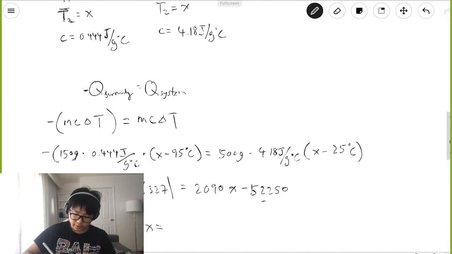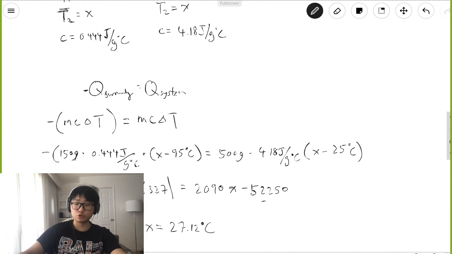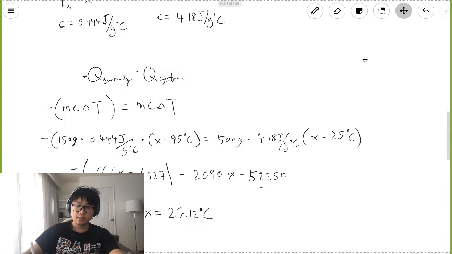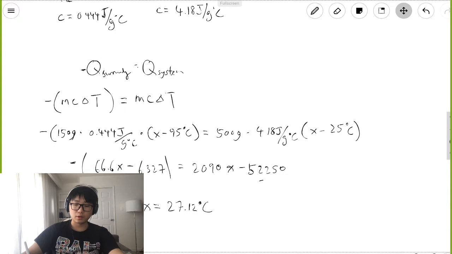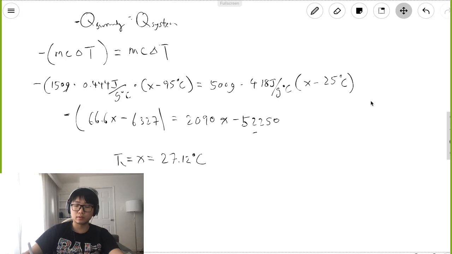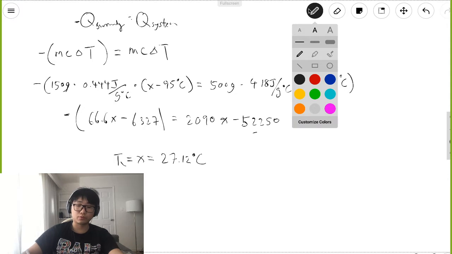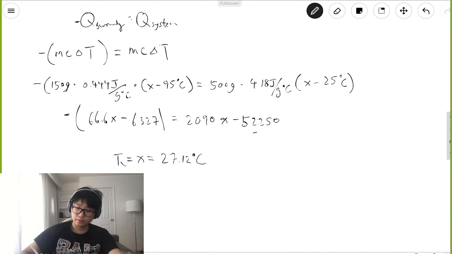Any decimals? 0.12. So it's 27.12, and that'll be in degrees Celsius. So you should know how to do these kinds of problems now. These are the problems where you throw in two objects and find the final temperature. Sometimes they give you the final temperature and you have to look for a specific heat capacity.